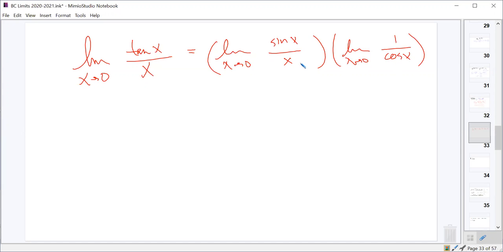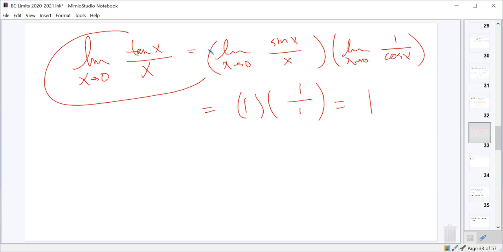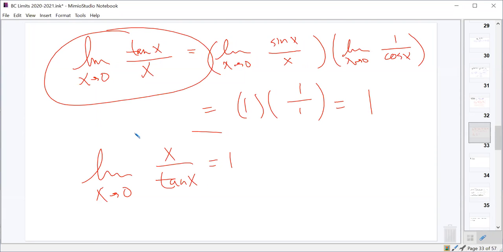Tangent's just sine over cosine, and I could take that cosine in the denominator as a separate limit, and this becomes 1 times 1 over 1, or just 1. So we want to know this limit is 1, and we also would want to know that this limit is 1.